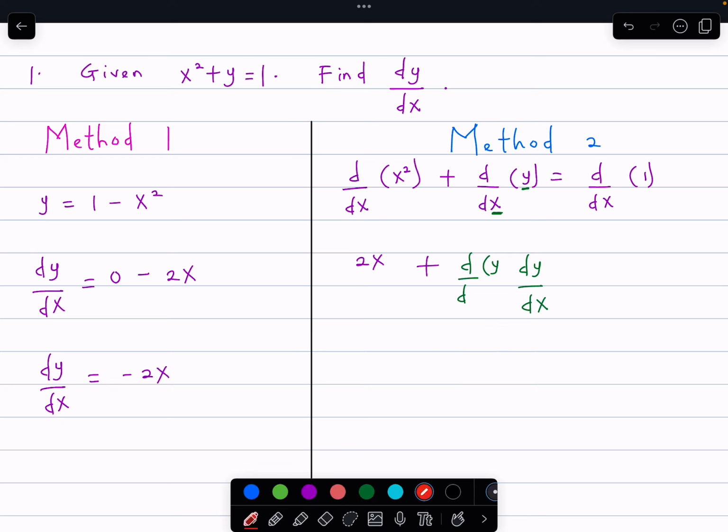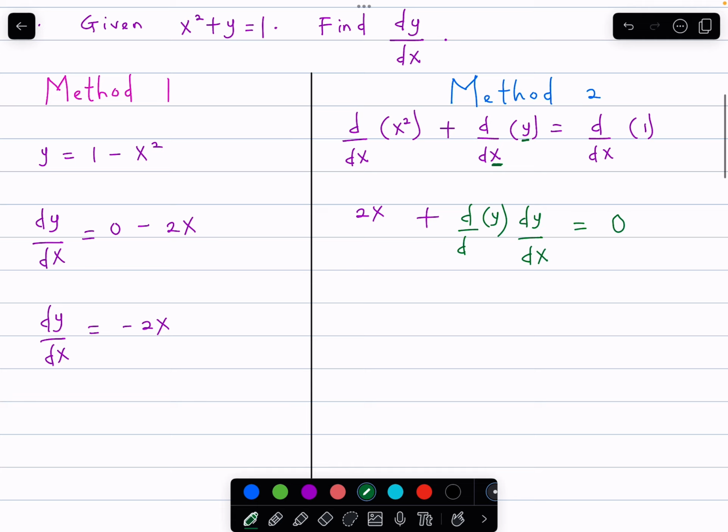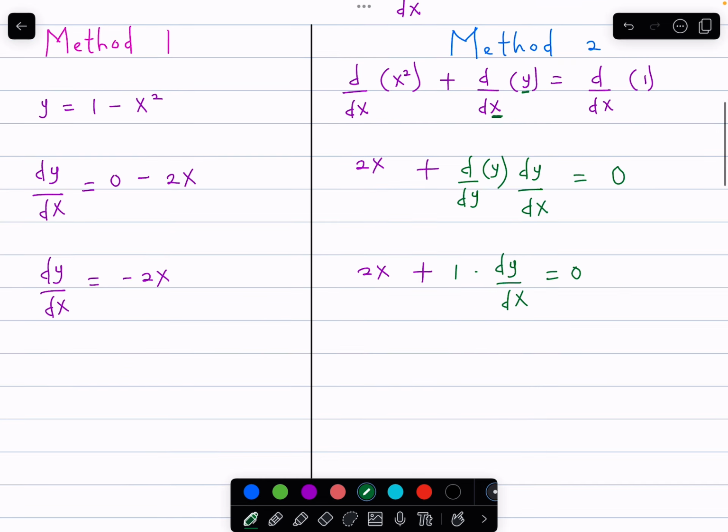The derivative of 1, a constant, is 0. So I have 2x plus this is just 1, times dy/dx, equals 0. This is just going to be dy/dx. If you subtract 2x from both sides, it's just going to be negative 2x.